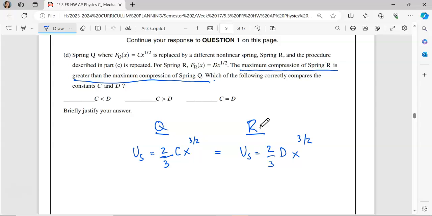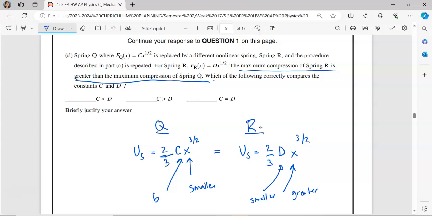So, okay, let's see. So the max compression of R is greater, so this is smaller. The 2/3 are the same in each case. So then for it to all even out, D has to be smaller and C has to be bigger.